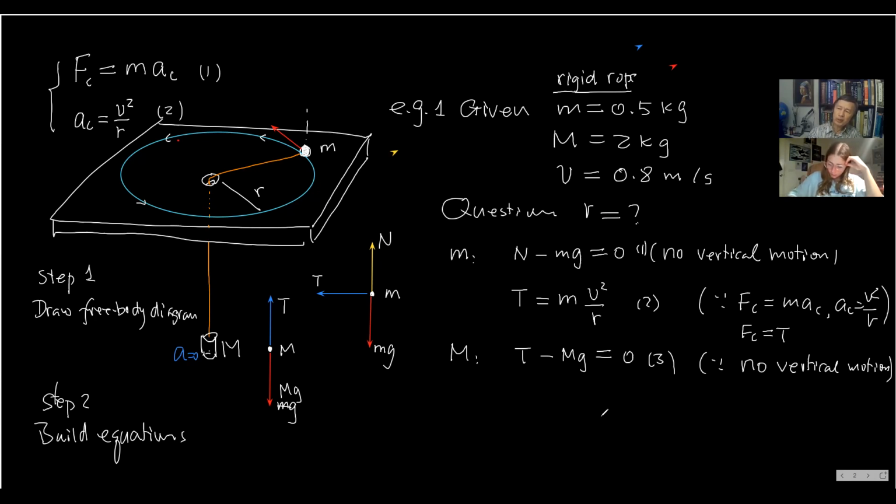But if you return to the question, we don't have to use all of these equations. For example, we don't need to know the normal force, so we don't have to use the first equation. However, if we want to solve for R, we have to use both equation 2 and equation 3. So that comes to our step 3, which is to solve the equations.